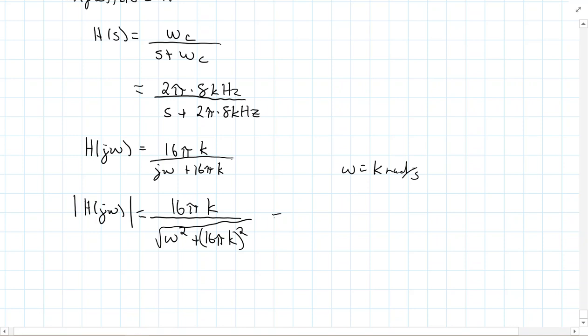So I can really rewrite this as just 16 pi over the square root of omega squared plus 16 pi squared, knowing that omega is in kilorads per second.